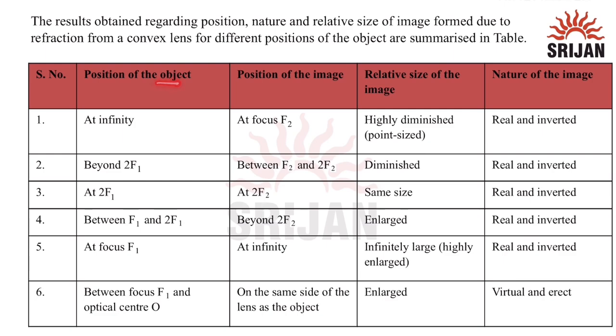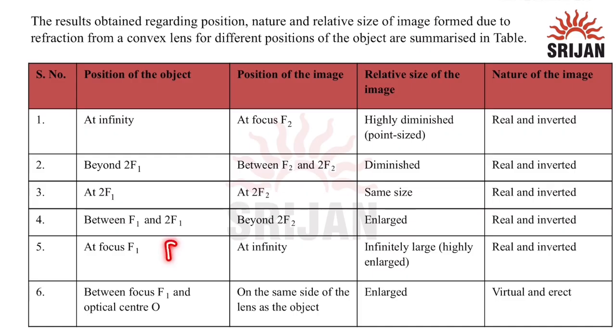If the object is at 2f1, we get the image at 2f2. The image size is the same as the object, and it is real and inverted. If the object is between f1 and 2f1, we get the image beyond 2f2. It is an enlarged image, real and inverted in nature.